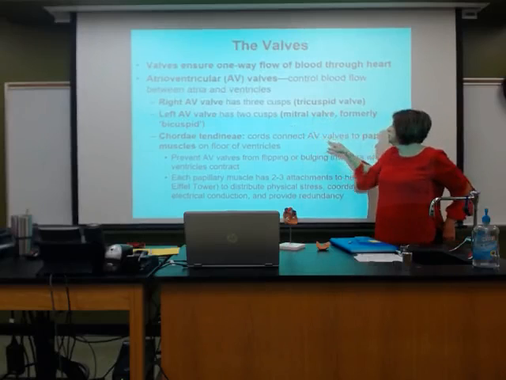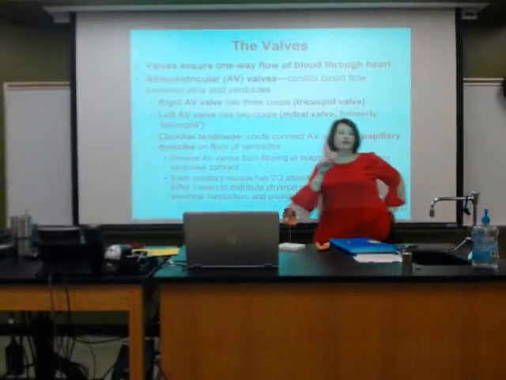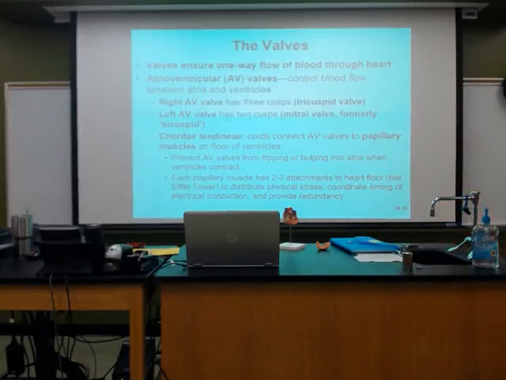The left one, mitral, formerly known as bicuspid. The cusps are what they're referring to, because when you take a cross section through the heart and look down into it, one of them has 3, one of them has 2. Therefore being tri and the bi.